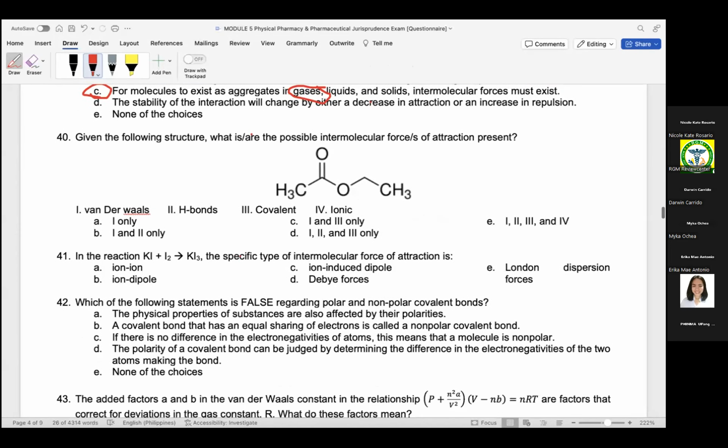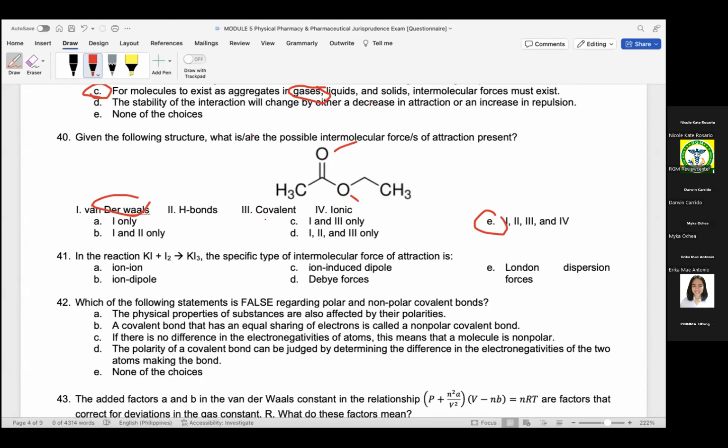Next, number 40. Given the following structure, what are the possible intermolecular forces of attraction? The correct answer here is all of the above. Possible lahat. Van der Waals, hydrogen bonds, covalent bond, and ionic bond. Van der Waals, di ba, remember, this type of bond exists in all molecules. So definitely one is correct. Hydrogen bonds pwede kasi pwedeng mag-interact dito yung hydrogen sa mga oxygen na to.